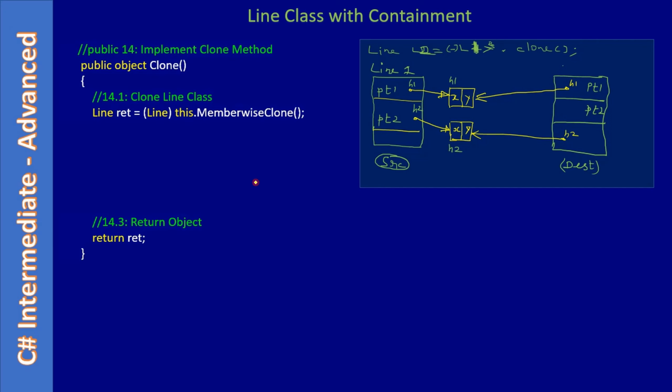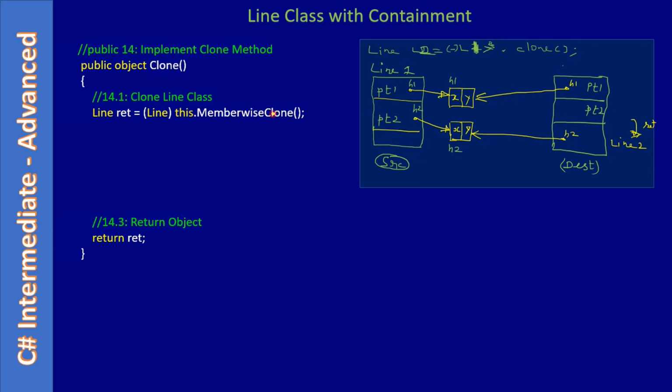So then finally we will return this object to the caller. The caller will refer to the return value as line 2 at this stage.